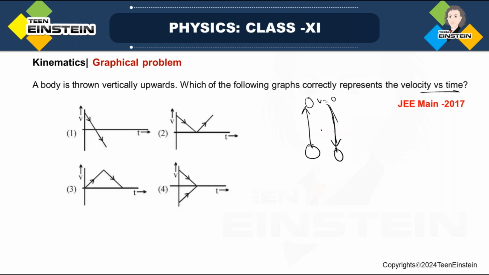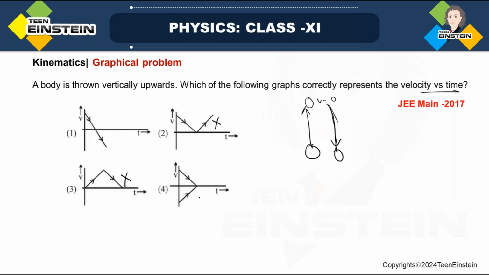That means the sign will be different. See, this has positive sign for both cases. Velocity is not negative here, and here also velocity is not negative. So these two options I can reject.